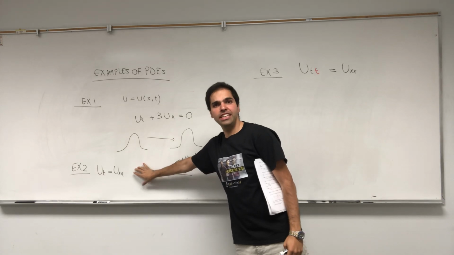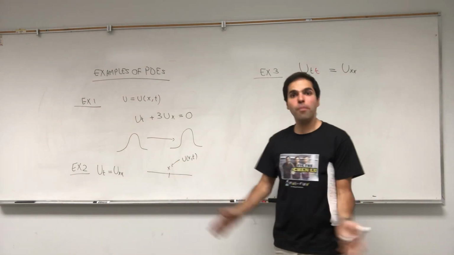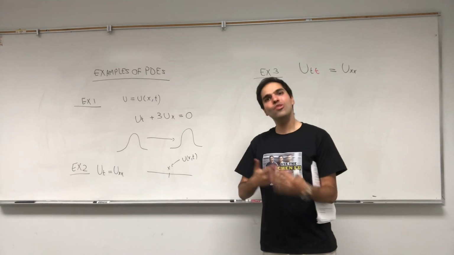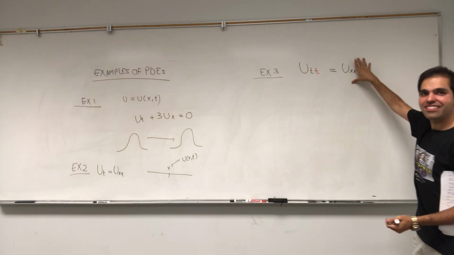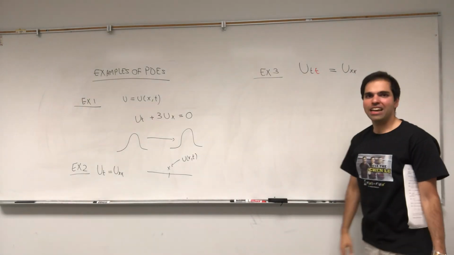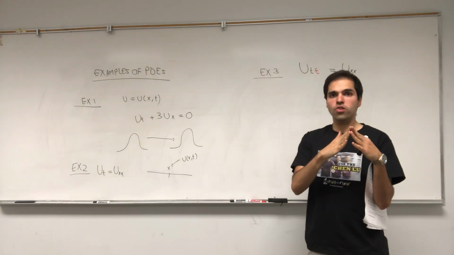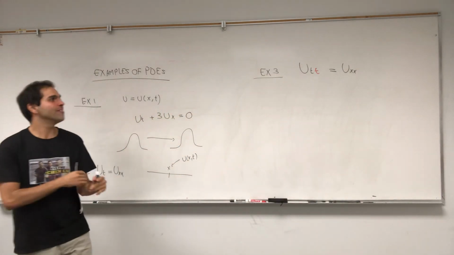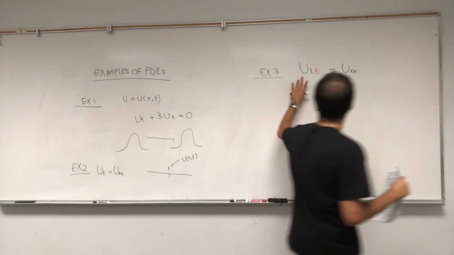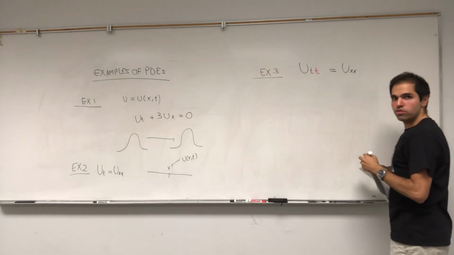This is called the heat equation. It has nice properties. Things become smooth. Things decay to 0. This is very bad. This is the wave equation, and what happens is solutions with corners still have corners everywhere. That said, it's still a very useful equation.